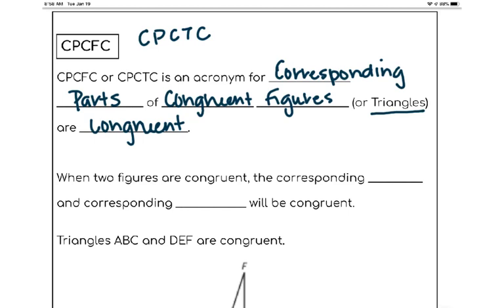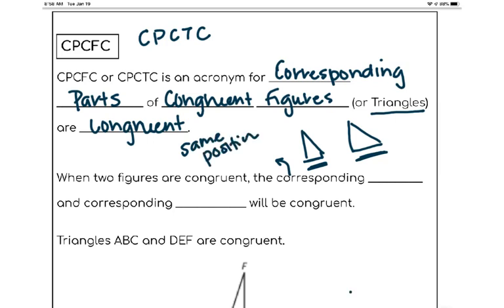Now let's talk about what we mean by corresponding. If I have a right triangle here, and then another right triangle here, this side is going to correspond to this side. What I mean by that is they are in the same position on the figure.